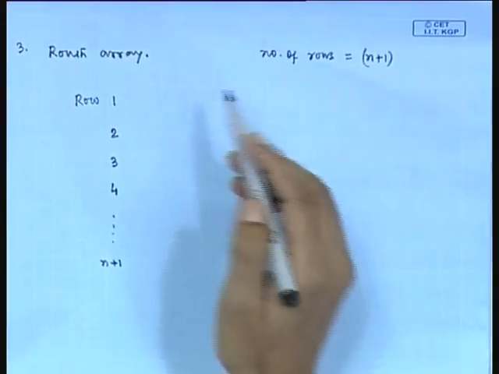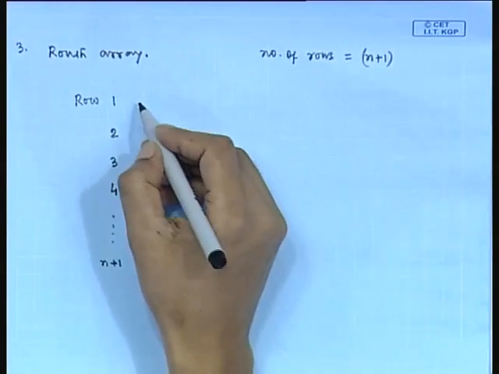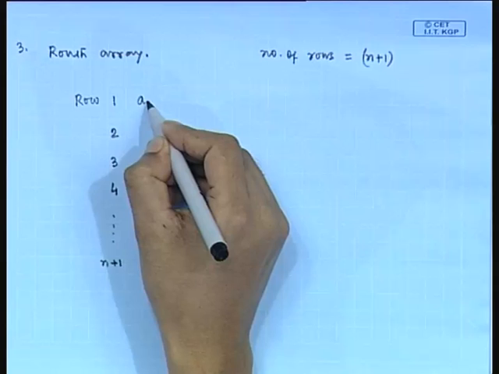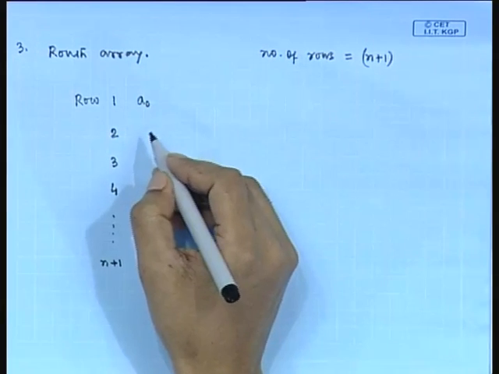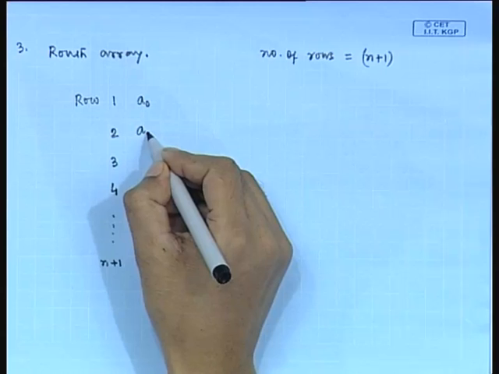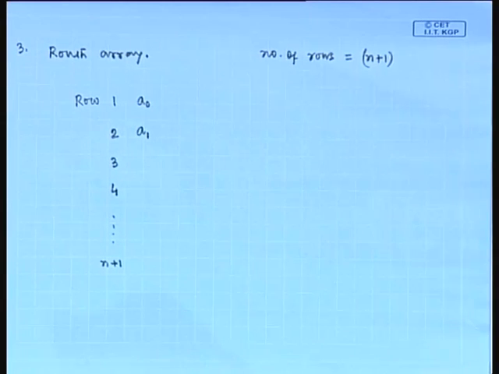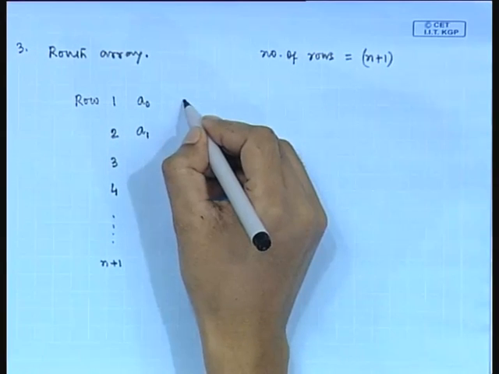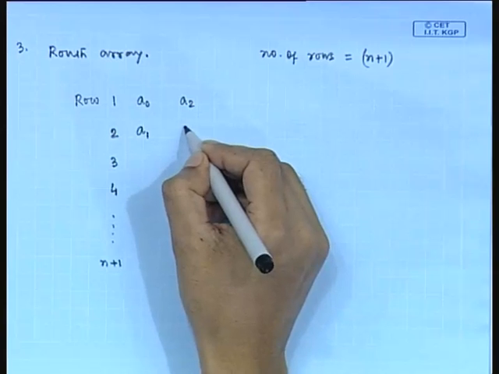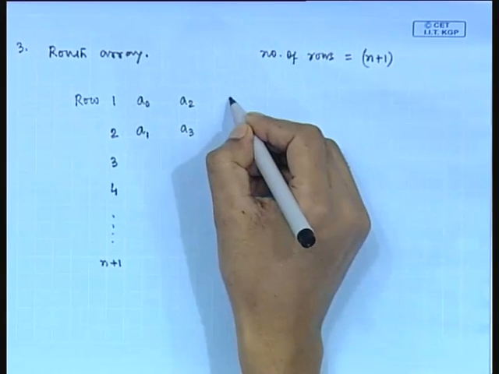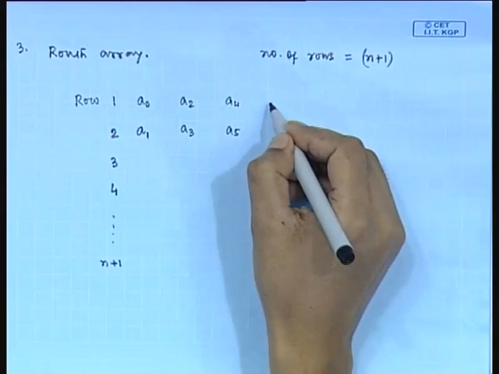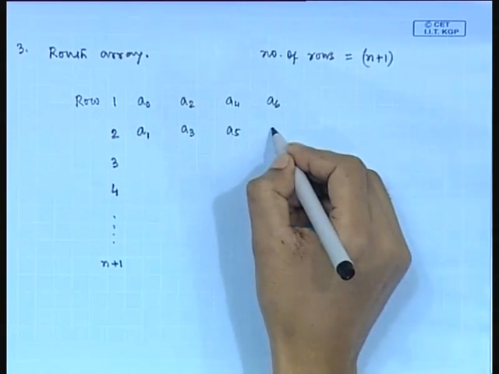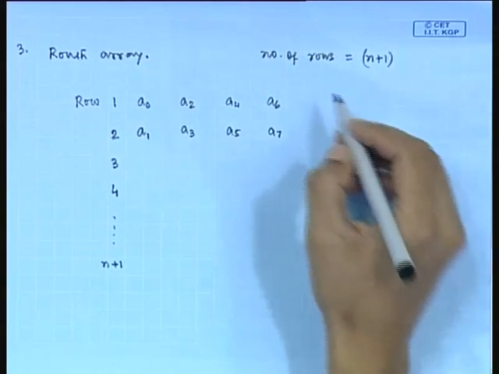Now, we will write the coefficients like this. In the first row, we will write a0. In the second row, we will write a1. Then again a2, a3, a4, a5, a6, a7, like this.